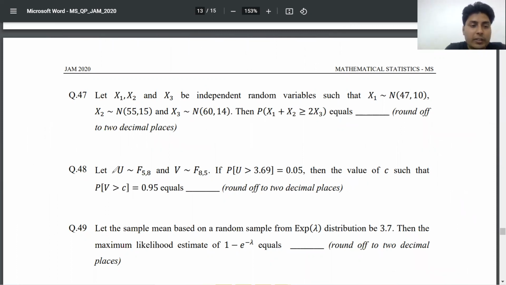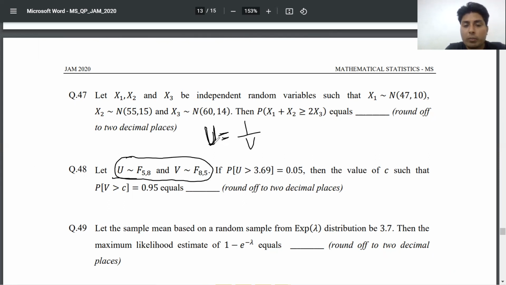So next I have 48. Let U have an F distribution with degrees of freedom 5,8, and V is F 8,5. So first of all, what is the relation between them? You know already, U will be 1 upon V, or you can say V will be 1 upon U. So since U has distribution F 5,8 and V has F 8,5, U is equal to 1 upon V, or V is equal to 1 upon U. So probability of U more than this is given.